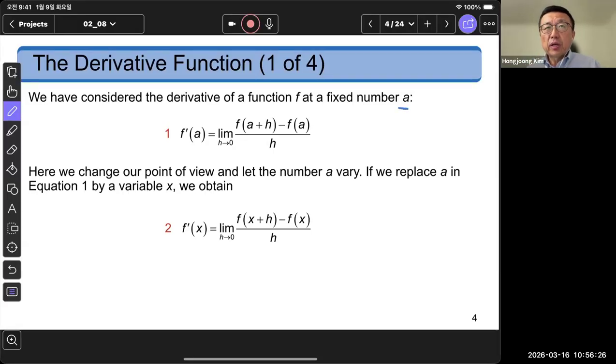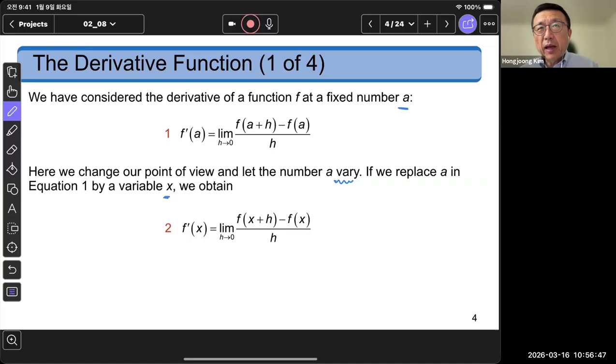Here, we want to change our viewpoint, and we want to let this number a vary. In other words, I want to interpret a as a variable, not a fixed number, but some variable x.